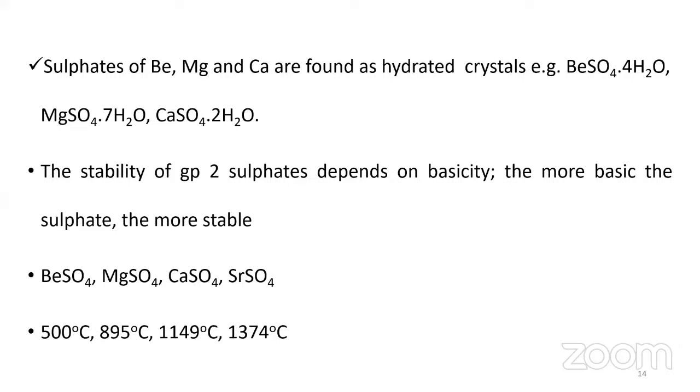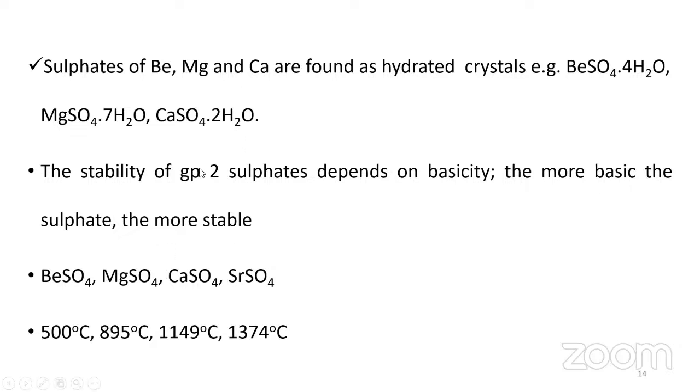So now, as I told you, the sulfates of your beryllium, your magnesium, and your calcium are found as hydrated crystals. So they have water of crystallization. Your beryllium, your magnesium, and your calcium all have water of crystallization. We saw that our calcium had six molecules of water of crystallization from the other slide. Your beryllium has 4, while your magnesium has 7.